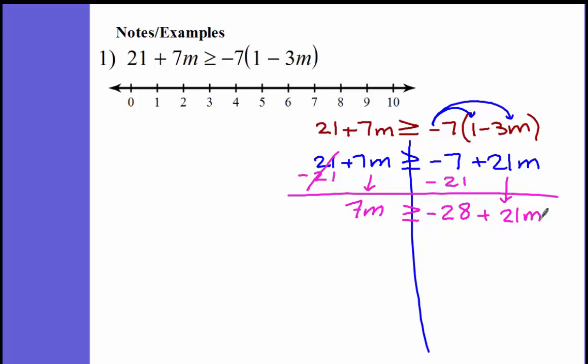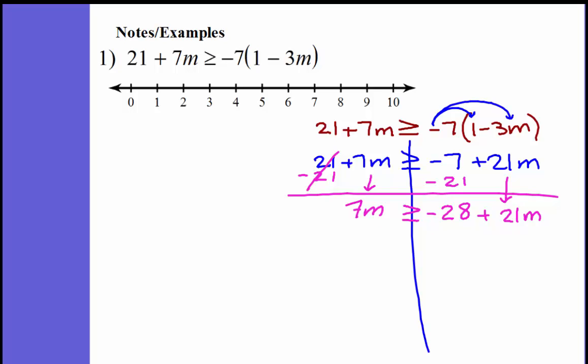Next, again, we want all the m's on the left and the numbers on the right. If I look at this right here, it is on the right side, the correct side. This one is on the wrong side, so you have to move it to the left, because it has an m and we want the m to be on the left.